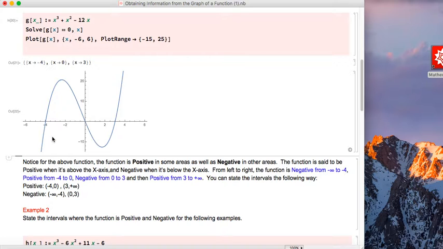The function is said to be positive when it's above the x-axis. So the intervals for the positive parts are from -infinity to 0 and 3 to infinity. When the function is negative, it's from -infinity to -4, which is this part of the graph, and this part of the graph is from 0 to 3.